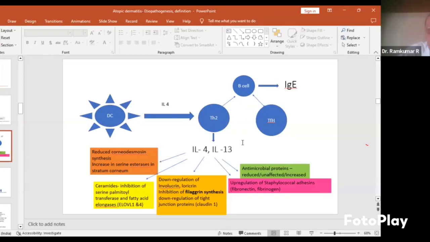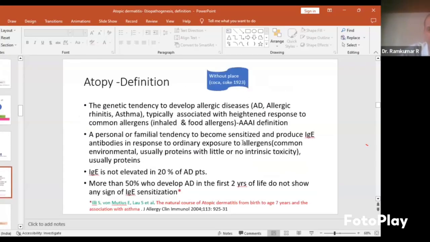Some of the papers say that the antimicrobial axis is very intact in atopic dermatitis. So the reason is the Th2 cytokines make the Staphylococcus adhere more to the skin by producing adhesins. So much more about this type 2 inflammation in atopic dermatitis.